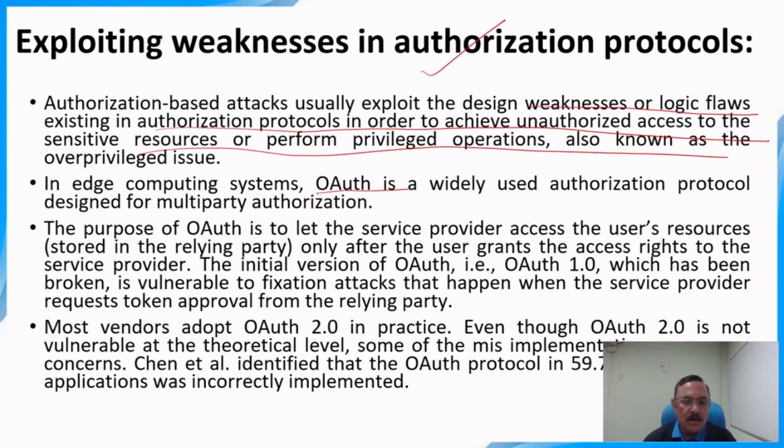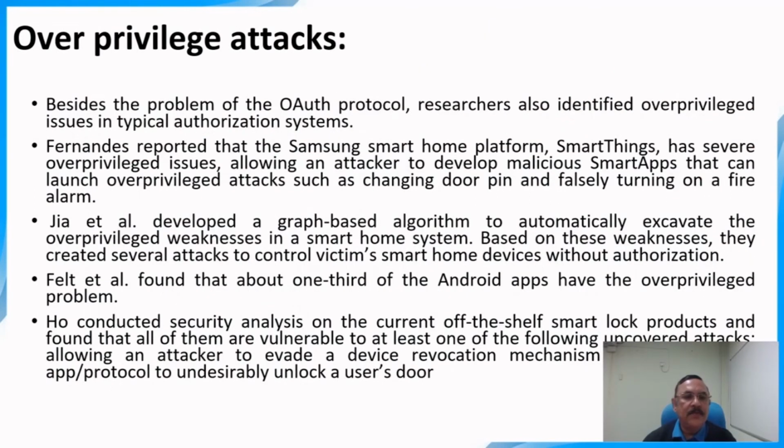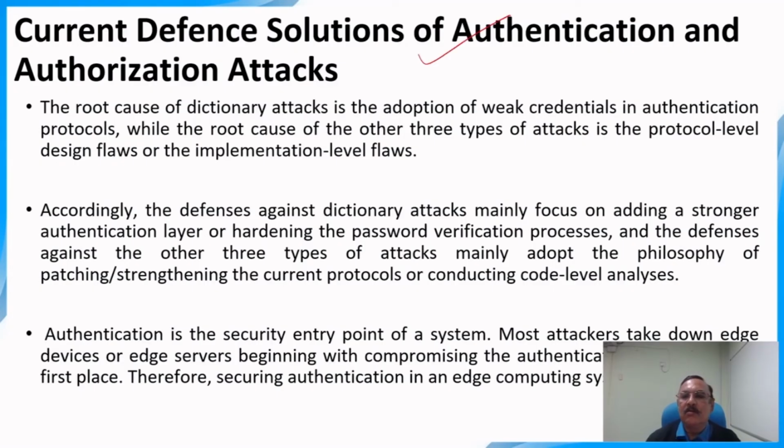So, these are all being understood now. Over privileged attacks: the basic problem of this protocol is the over privileged issues in typical authorization systems. Now, current defense solutions for authentication and authorization attacks.